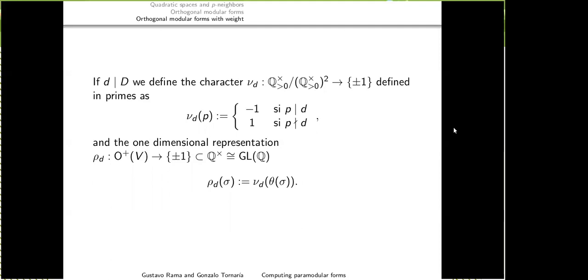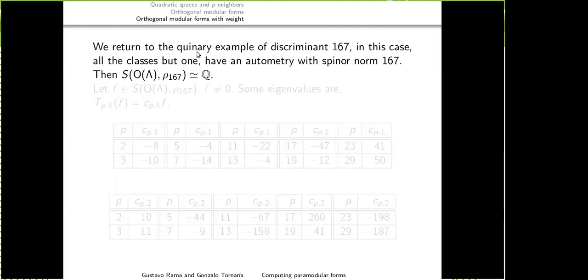Now, if we return to our example of 167, we can compute all the automorphisms of the lattices in the genus that we were working with, and we find out that all the classes but one have an automorphism with spinor norm 167.